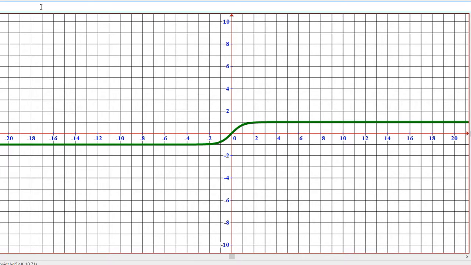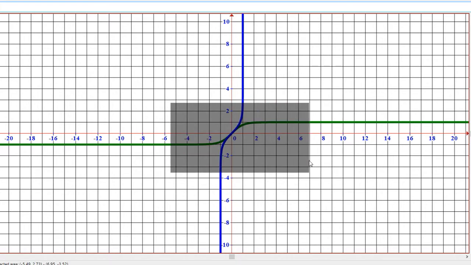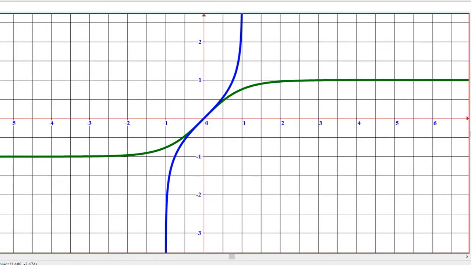And the inverse function is, well, one way to write it is x equals hyperbolic tangent of y. And I'll do that one in blue. Maybe I'll zoom in a tad here.